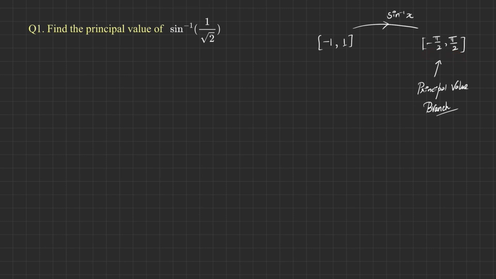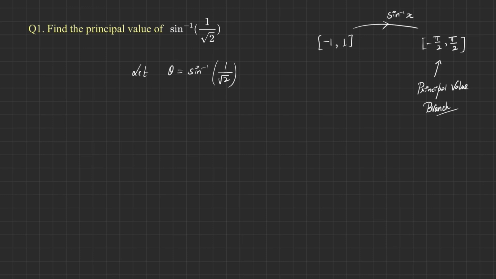Okay, so whenever the sine inverse x function takes one value from this interval, it gives an angle, as you can see here, the range is the angle. So sine inverse 1 by root 2 is actually an angle. Let us consider that angle to be theta. So let theta be sine inverse 1 over root 2.